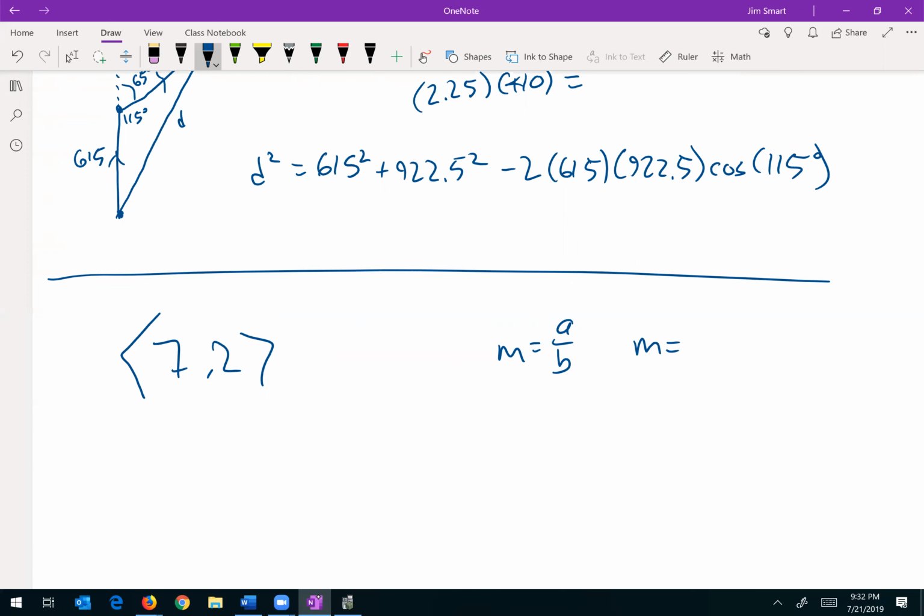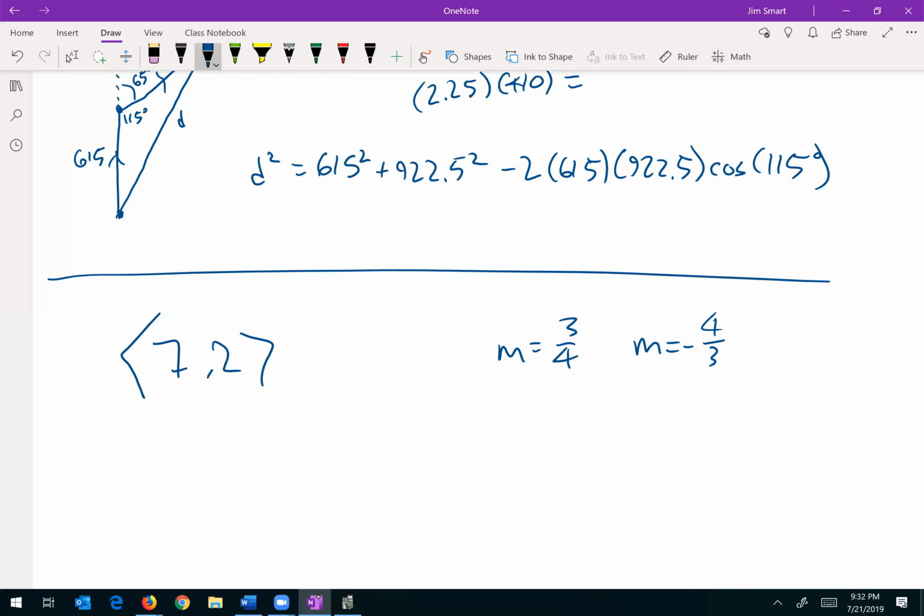Let's say one line has a slope of 3/4. What's the slope of any line that's perpendicular to that? Negative 4/3. Flip it and negate it. So that's what you need to do here.